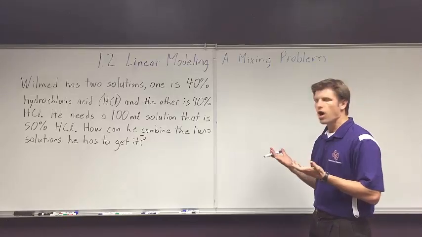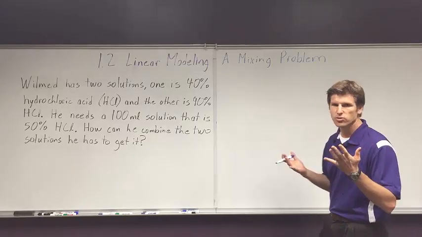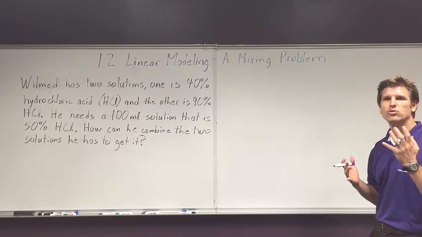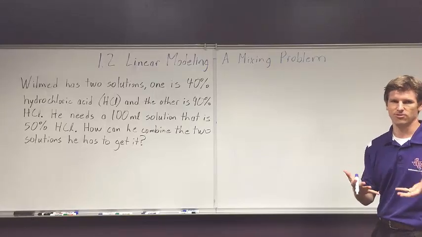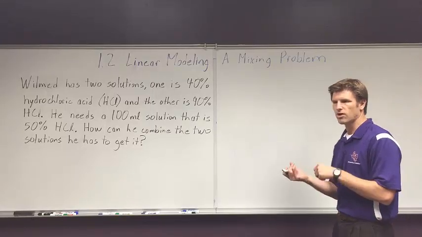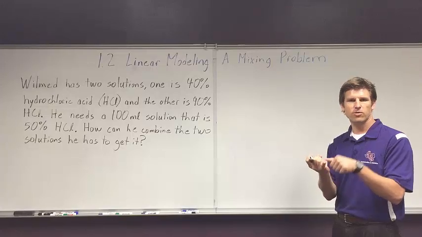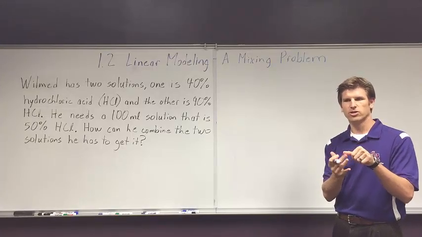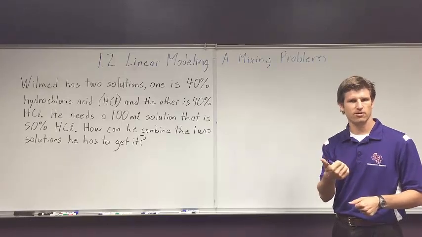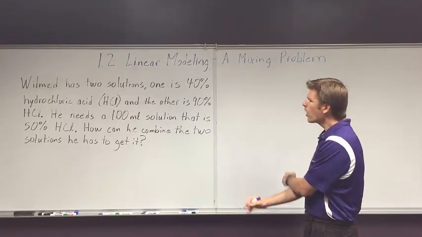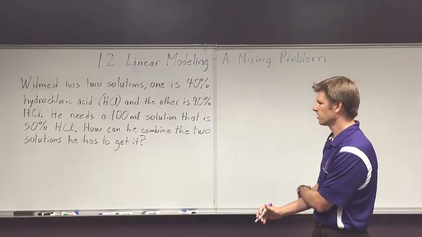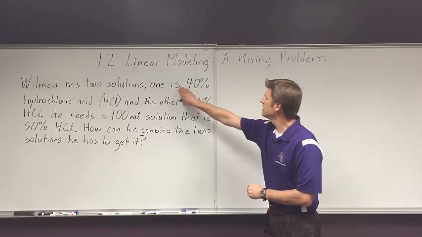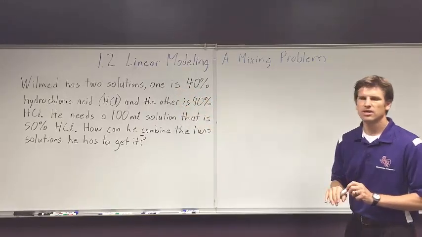The classic problem-solving approach, and you can use any approach you want, by the way, as long as you test to make sure your answer makes sense. Our strategy is: find variables, write an equation, find the solution, write the answer, and then check for reality. So what are we solving for? What do we really want? We're trying to find how much of these two solutions he's using.